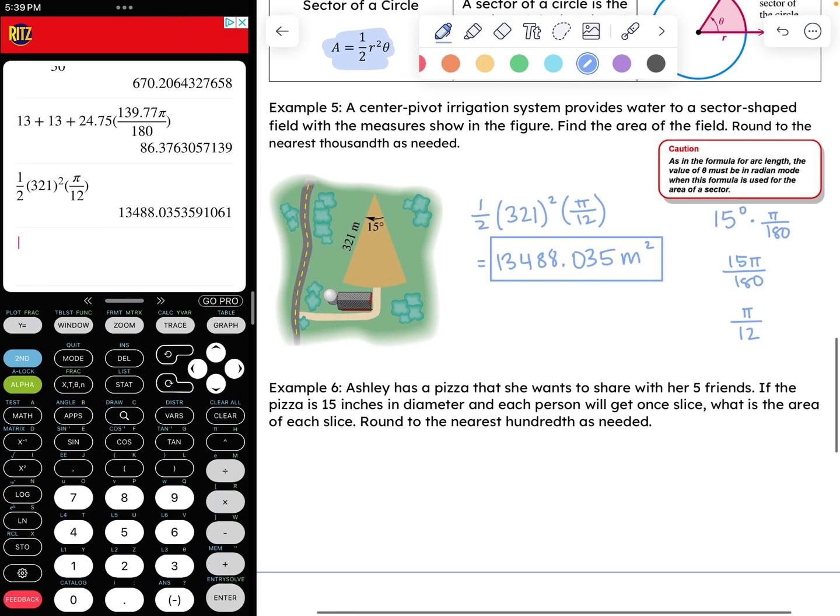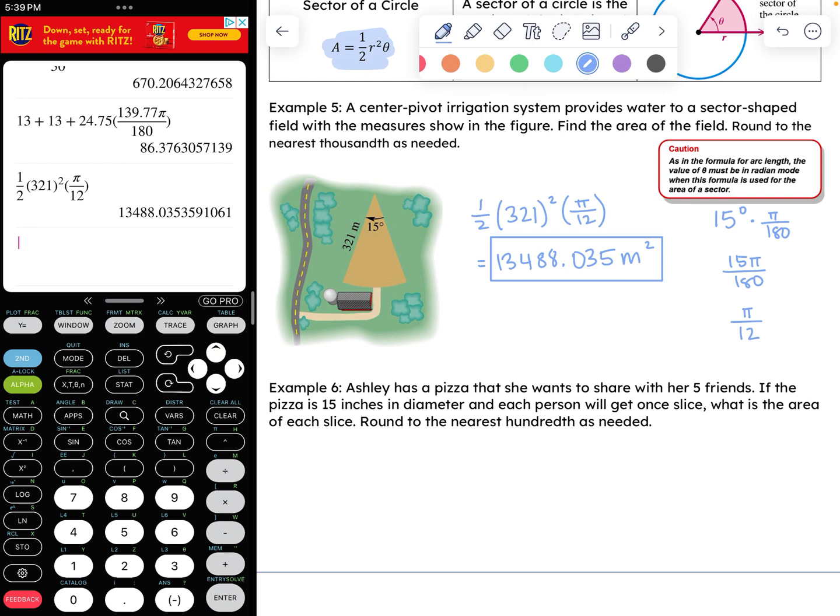And then our last example kind of goes with how I think about the sector of a circle as a slice of pizza. Ashley has a pizza that she wants to share with her 5 friends. If the pizza is 15 inches in diameter and each person will get one slice, what is the area of each slice? And round to the nearest hundredth as needed.